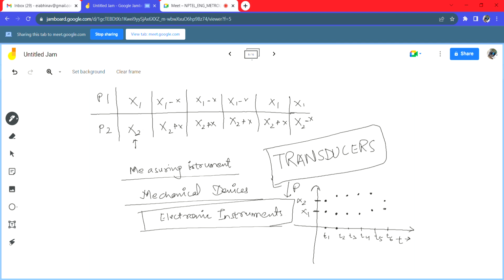So it should be somewhere here. Now if we join these dots, we would see that we find a curve like this. And if we join these, we will see that we find a curve like this.